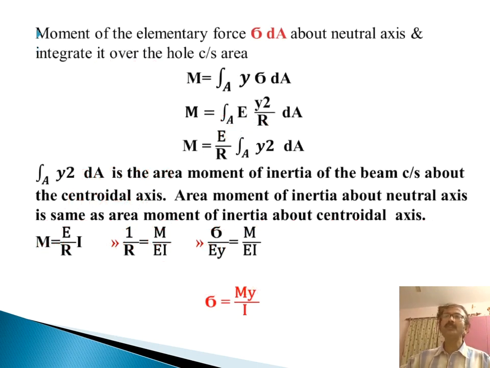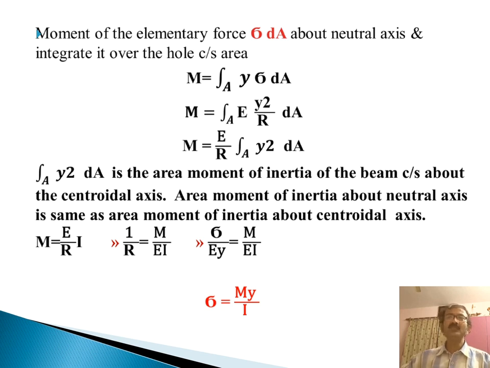Now the moment of the elementary force, sigma dA, about the neutral axis is integrated over the whole cross section area. The moment is force into distance, integrated over the entire area. Finally we get the moment M equals E by r integration of y square dA.